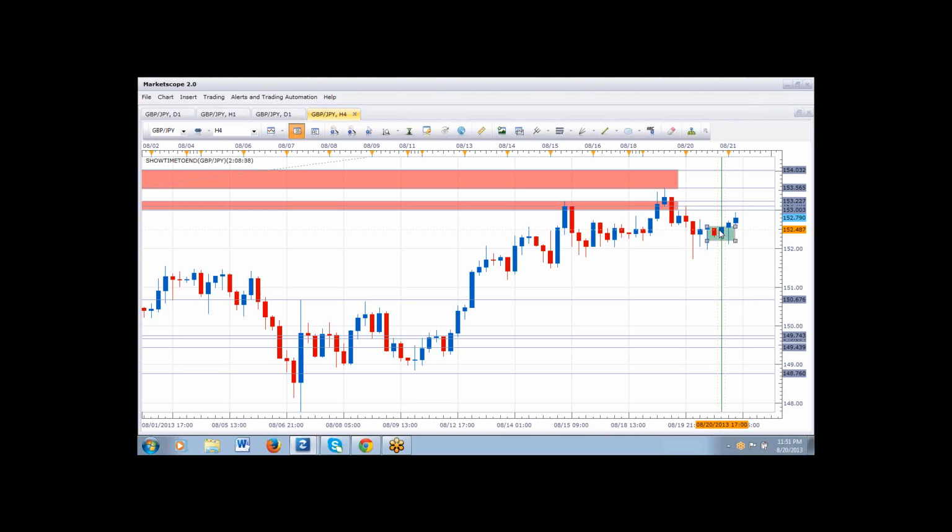Or is it a better idea to buy? Or is it a better idea that if our intention is to sell anyway, to wait for the price to come around here and then short once there's a confirmation that it's time to short? So which strategy will you create? Start from you, John.